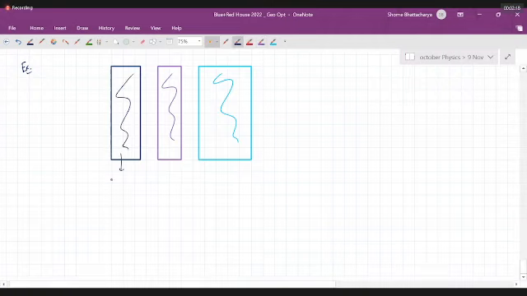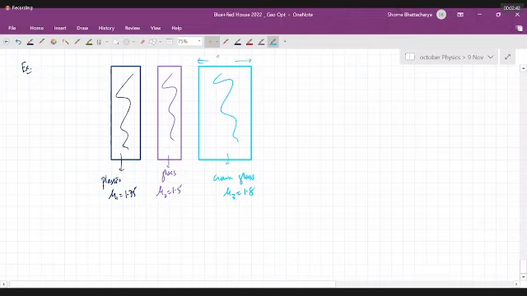So this is, let's say, plastic, which has a refractive index mu1 of 1.75. This is glass, which has a refractive index of, let's say, 1.5. And this is something else, let's say brown glass, which has a refractive index of 1.8. And each of these has thicknesses which are like this.